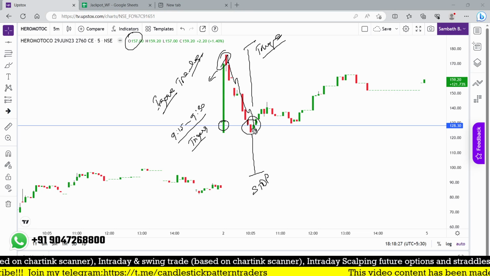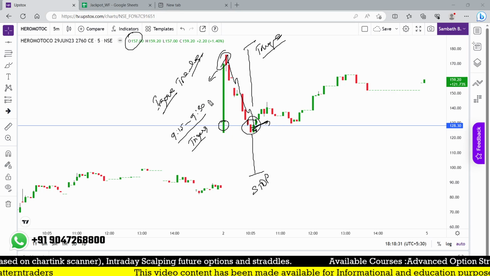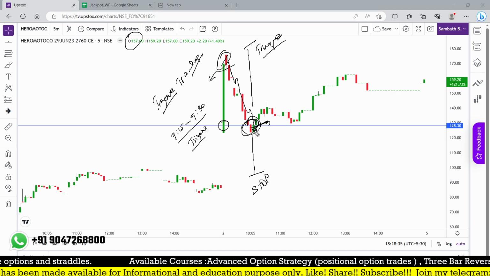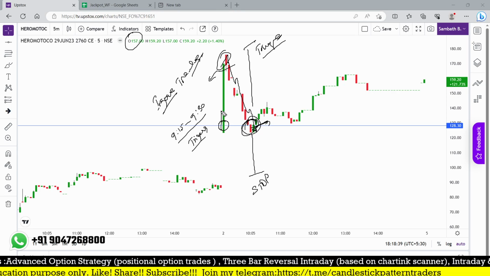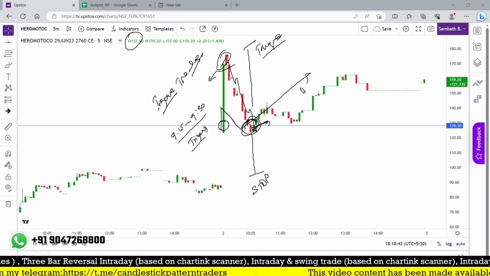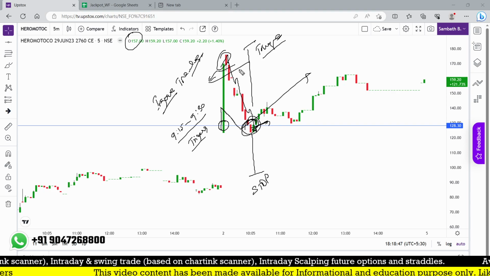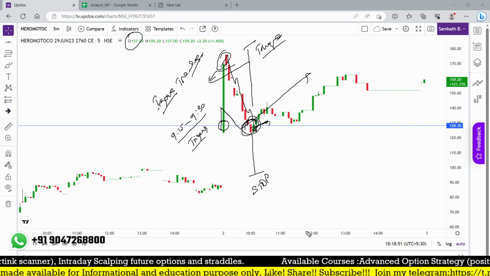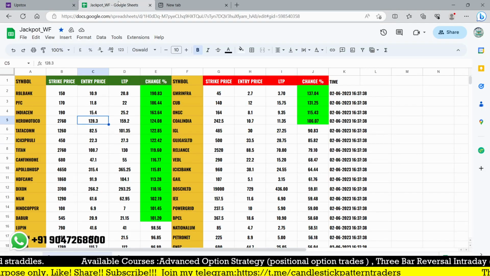And if it comes again to the point, you can try to take an entry, but most of the time if the target triggers on this particular stock, we are not going to take the entry again at a lower level. If any stock moves very little and then returns back, we can take it for a target, but this is already a targeted trade. I don't want to take this as a targeted opportunity, so I'm not going to focus on this one. That is the reason I did not take this trade, but a retracement opportunity is possible.